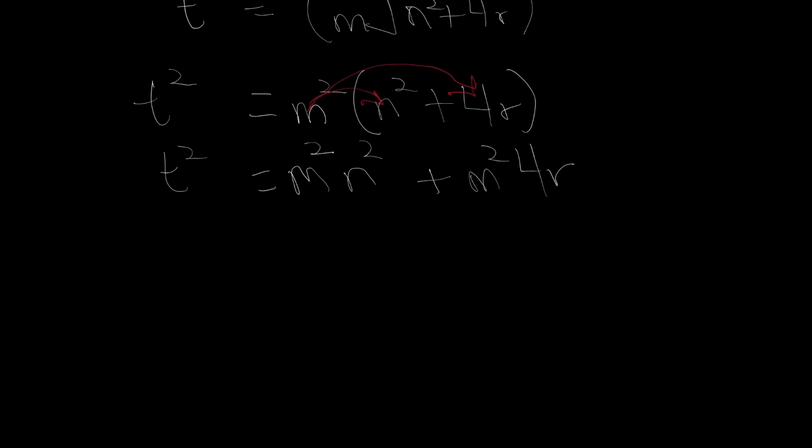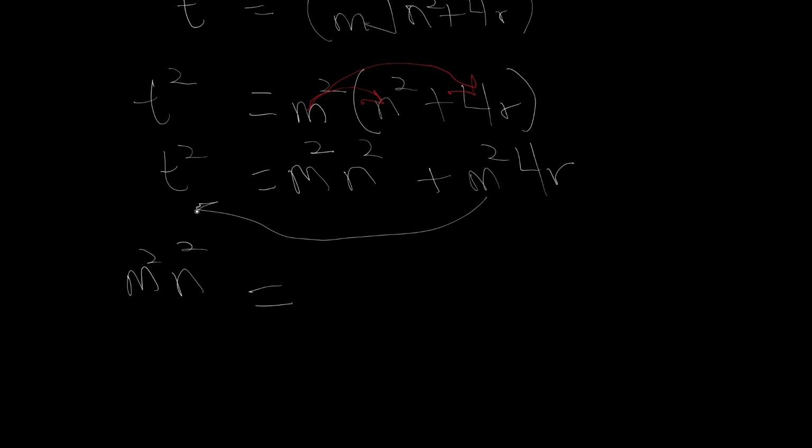Now we are making n the subject, so we need to make n stand on its own. So m squared n squared should be equal to, we move this to the left hand side, t squared minus m squared 4r.